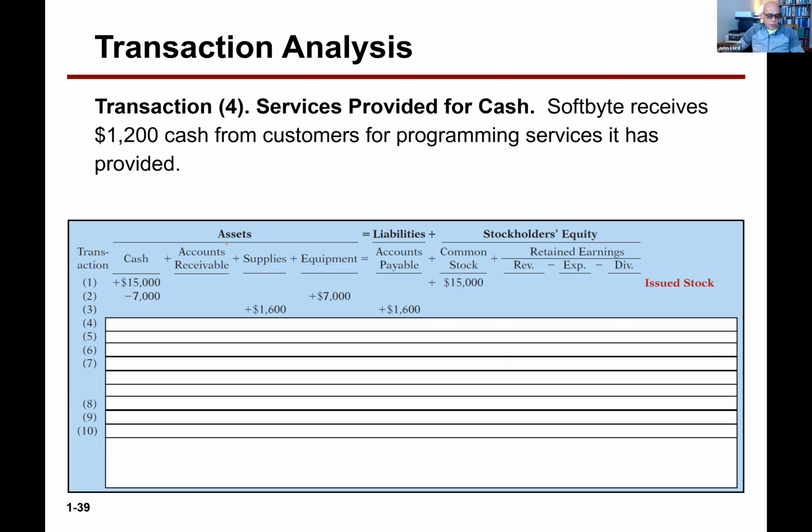Okay, good. We look at number 4. Services have been provided for cash. So we provide a service, and when you provide a service, you generate revenue, right?